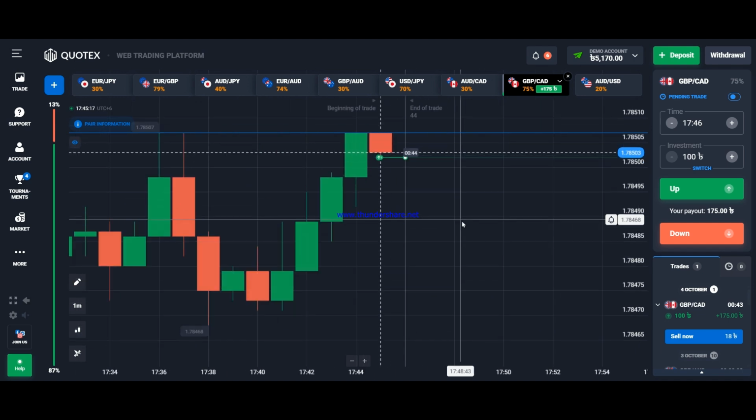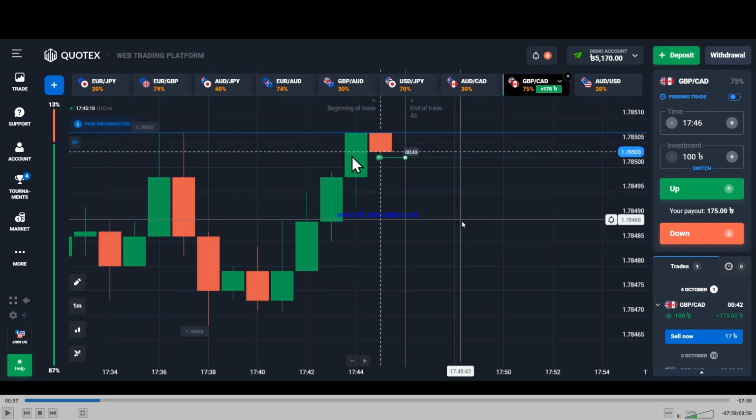I placed my call option trade here because my logic was that the buyers are strong, since they are making complete candles and are not reducing their bodies.